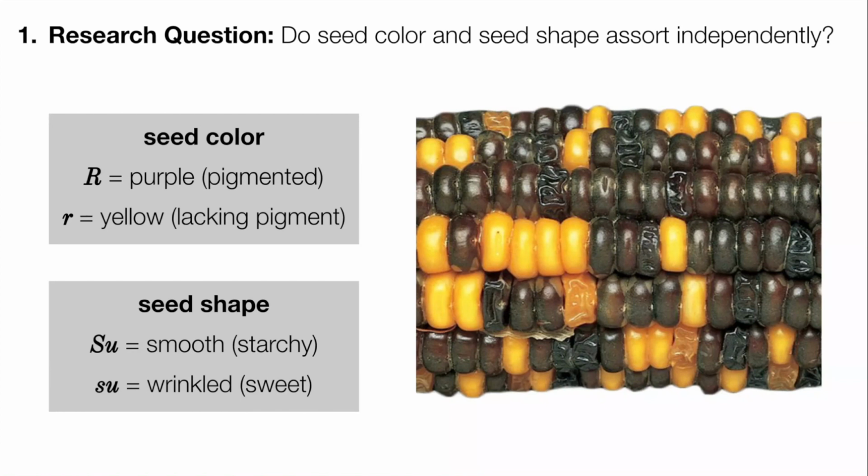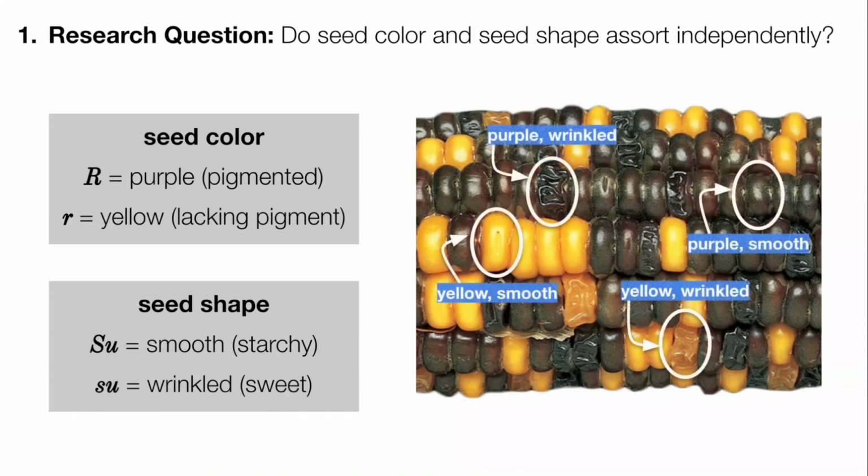And if we look at the corn and the different phenotypes that each kernel has, you will notice that there are some yellow wrinkled seeds, some yellow smooth, some purple wrinkled, and some purple smooth. So there are 4 possible phenotypes in this corn.